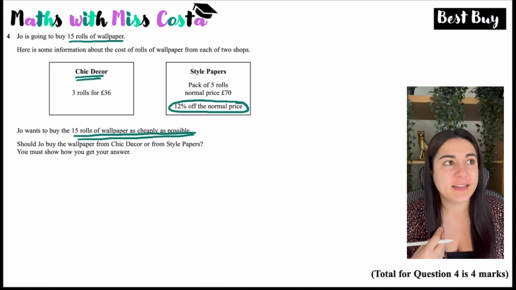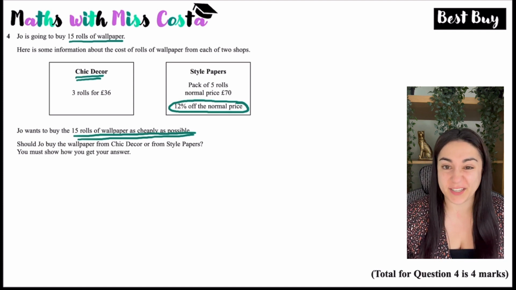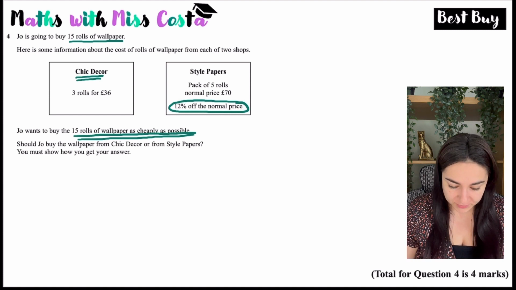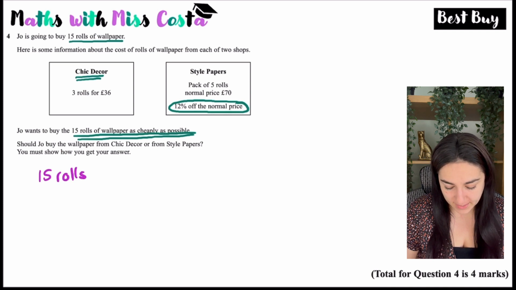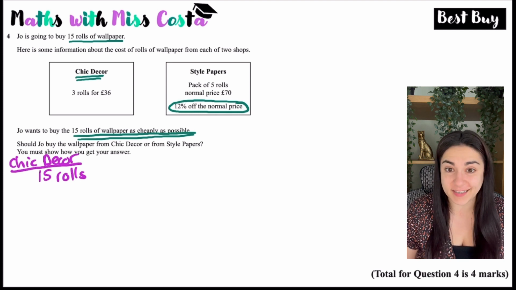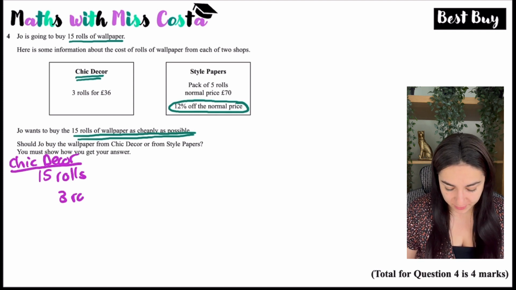So here is where I need to essentially work out which is the best buy. So where am I going to get the best value for money? So she wants to buy 15 rolls. And I know that at Chic Decor, she gets 3 rolls for £36. Okay, so 3 rolls is £36.